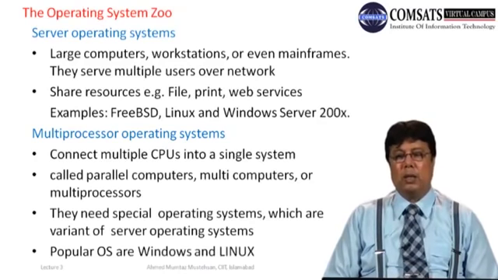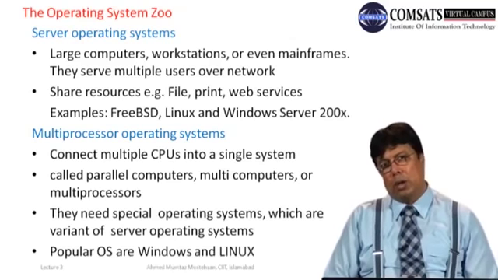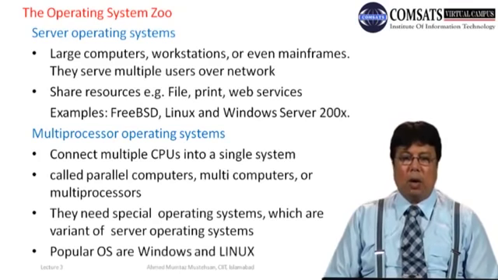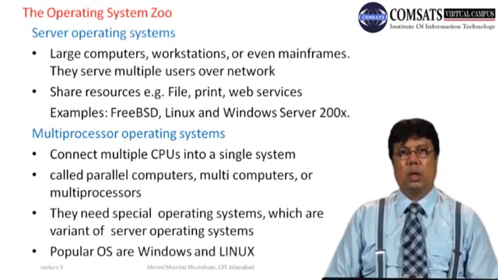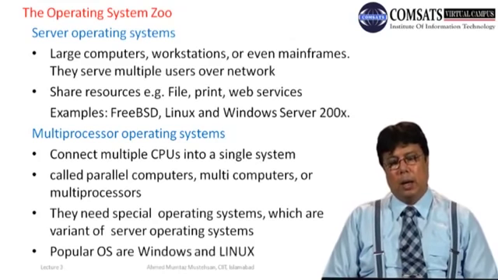Examples of such operating systems are very typical: Windows Server 2003, Windows Server 2008, and Linux, UNIX, and also FreeBSD. BSD is Berkeley Software Distribution, the Unix-like operating system developed at Berkeley University.